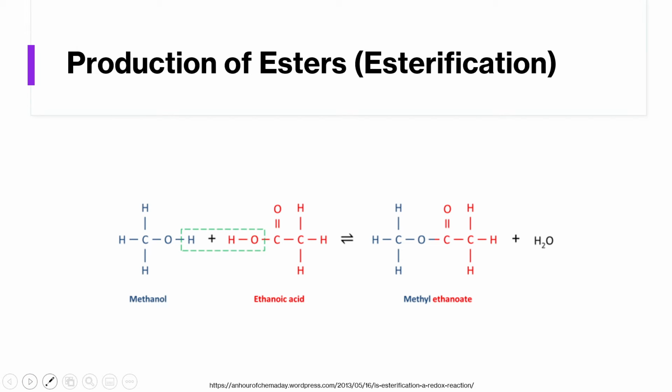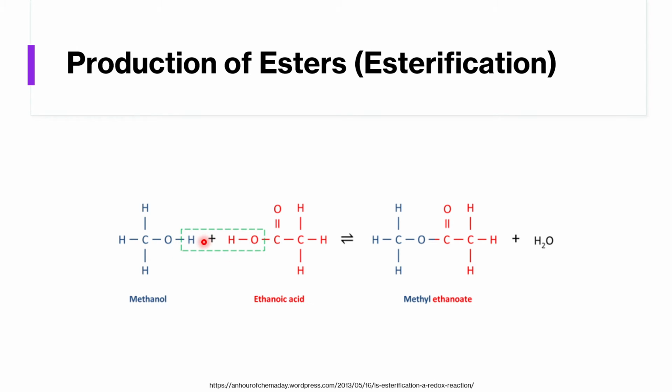Now, the main reaction that we're going to be looking at within the scope of this course, which is related to esters, is the production of esters itself. You may see the term to describe that as esterification. So when we are producing an ester, we always have an alcohol and we always have a carboxylic acid. Essentially, what can happen between the two of these is that the 2 hydroxyl groups are able to interact.